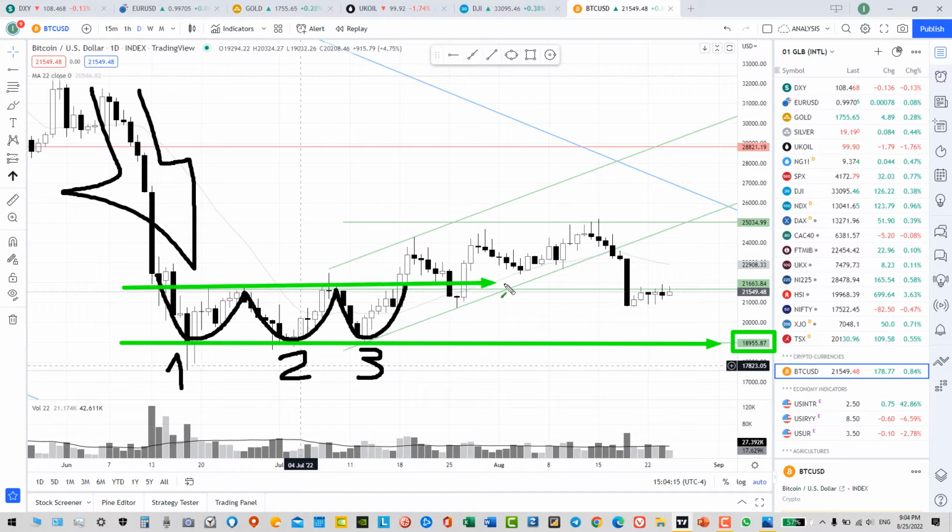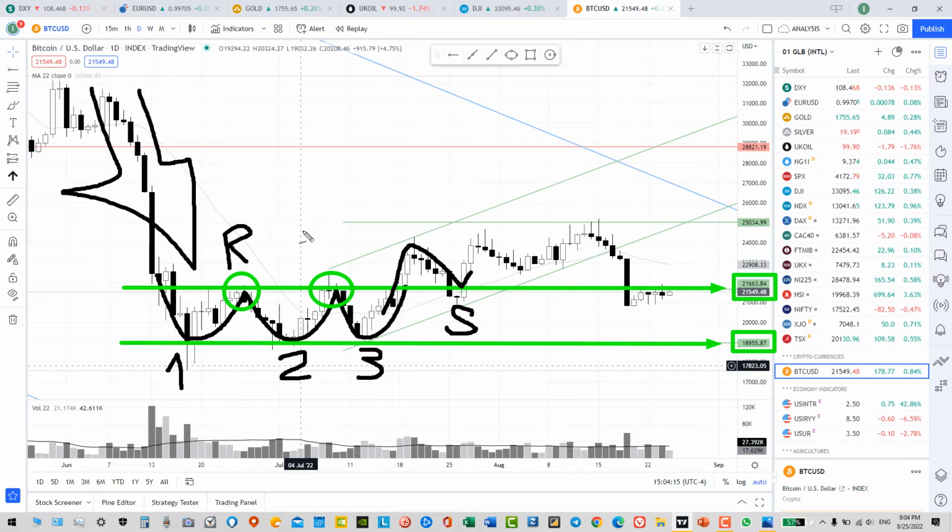On the opposite side, it had a clear resistance around 21,600, and it was a short-term daily resistance. When it managed to break through this resistance, it of course turned it into a clear support after it was a resistance for 2 times before.